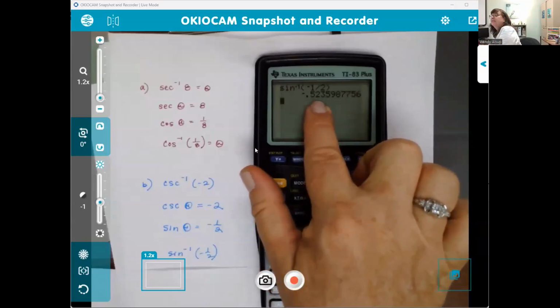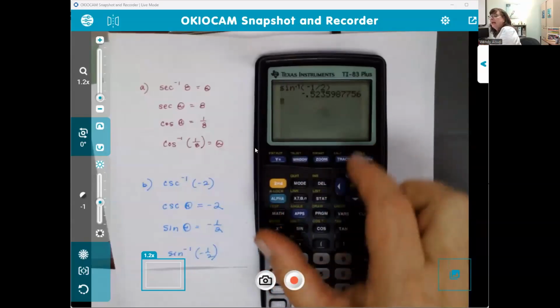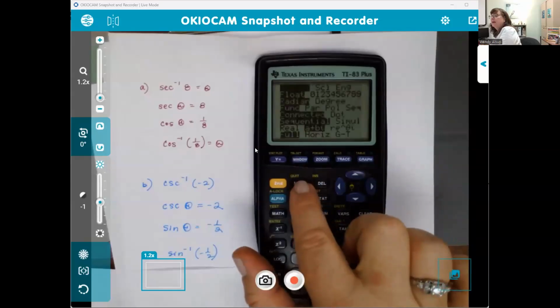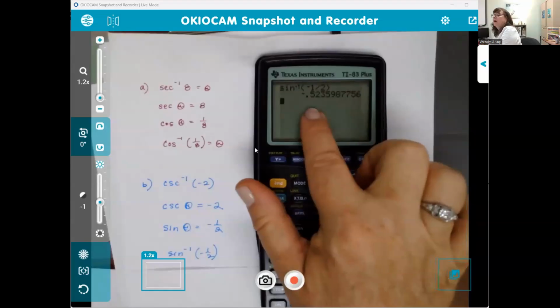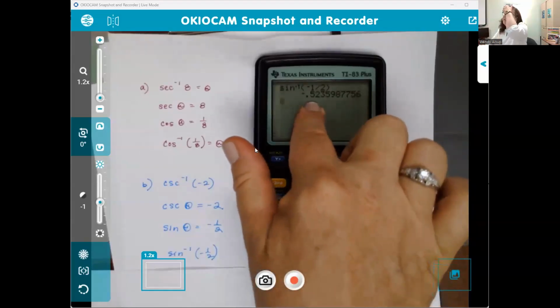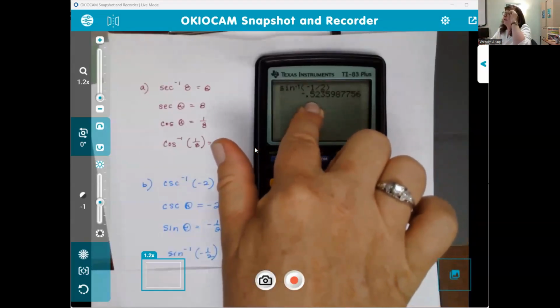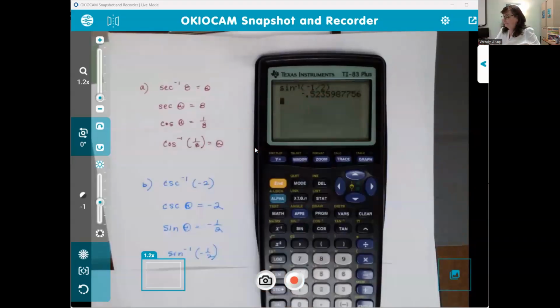I get -0.523, or -0.52. So this is the angle. I am in radian mode, and that's what they told us. So -0.52 radians has a sine of -1/2.